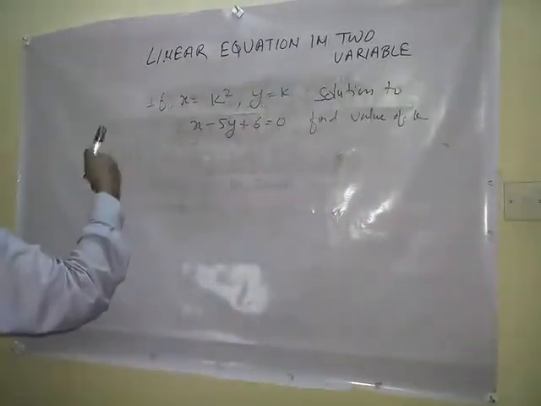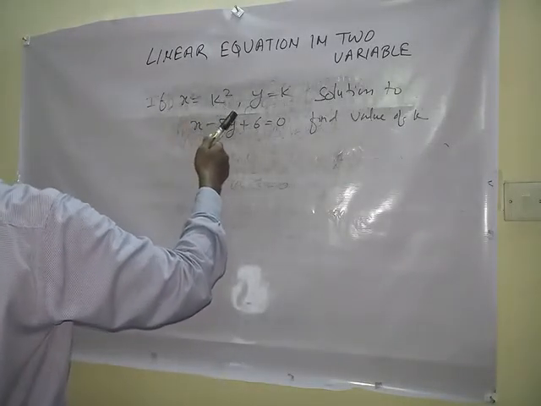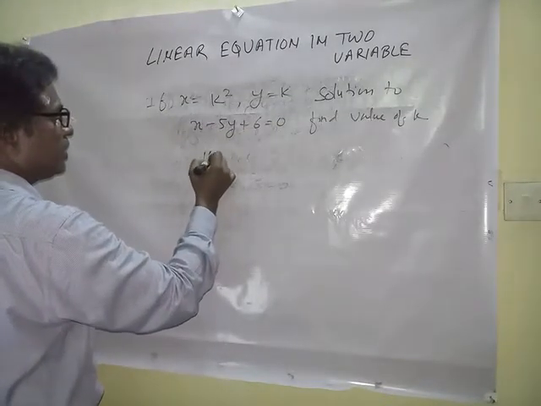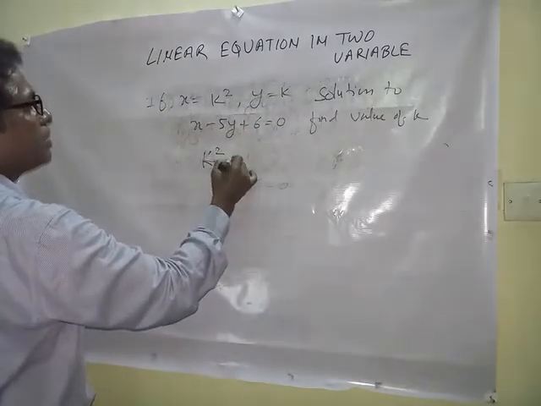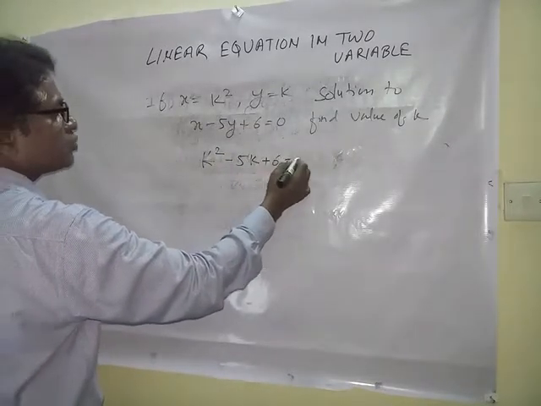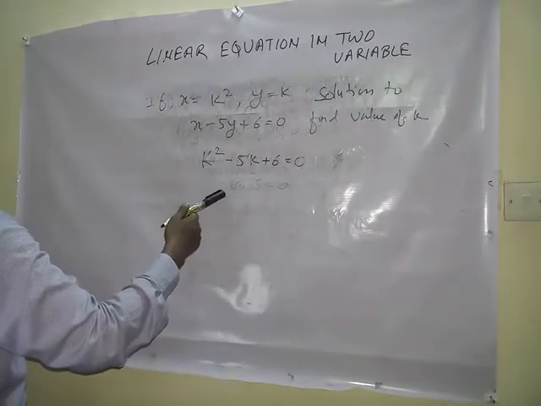Here x is k square, so if you put the values, k square minus 5k plus 6 is equal to 0. How can you handle the minus 5k?